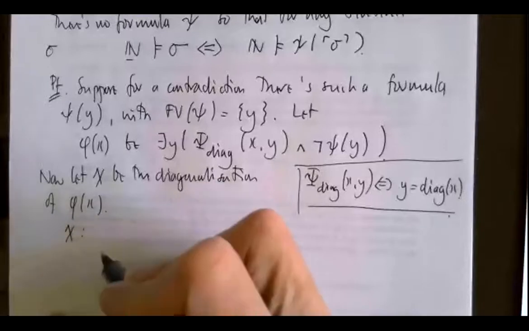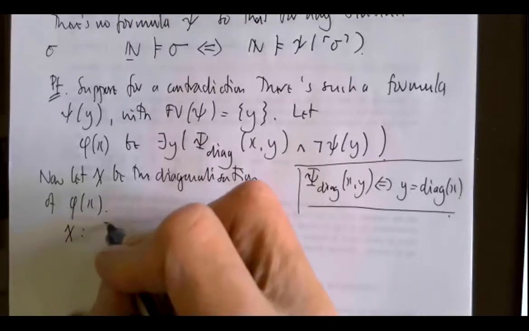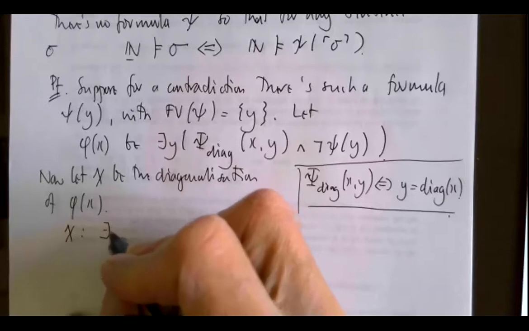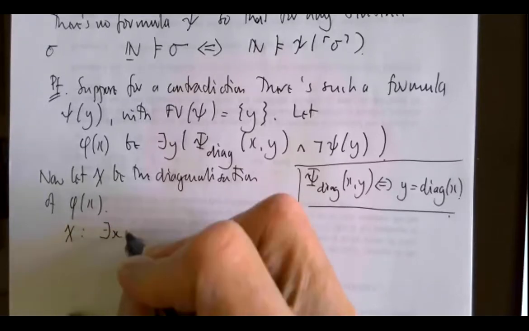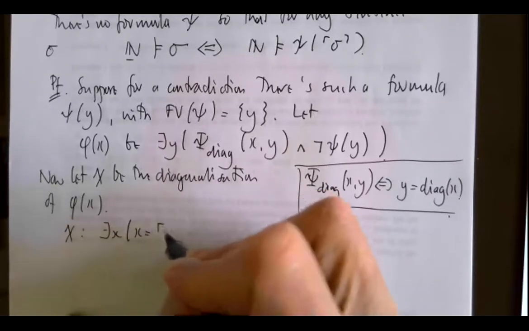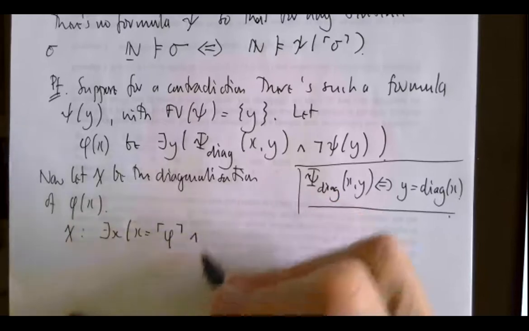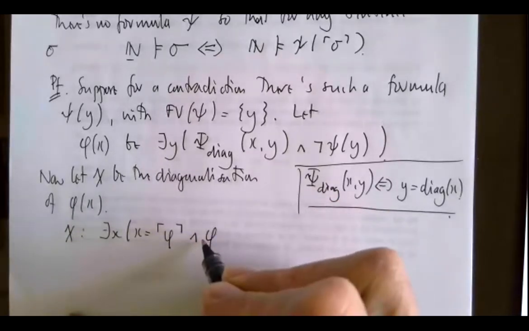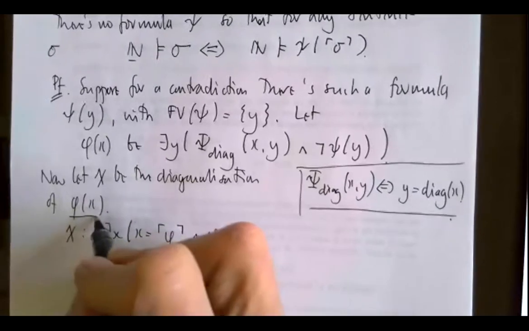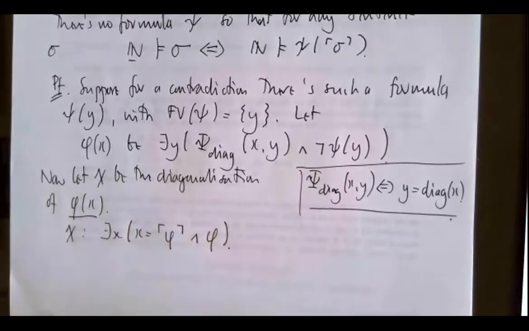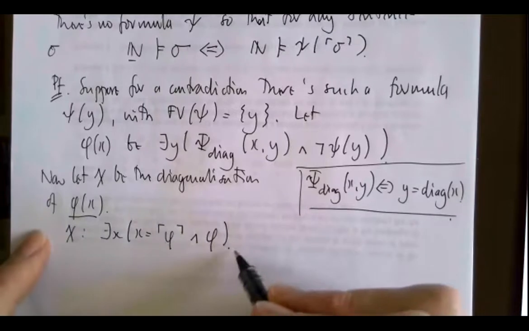So again, what is chi going to be here? It's going to say there is an x, and this is phi. Again, phi has free variable x. This is what chi is.